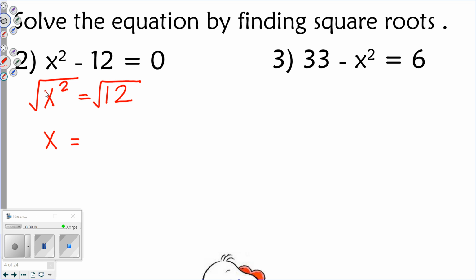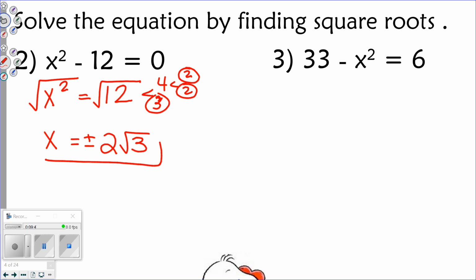Yes, factor tree. That's not perfect, so we'll do our factor trees, which is why I had you practicing these last night so you remember how to do them. Good. It is 2 radical 3, but we know every answer should have a plus and minus in front of it, right? If you take the square root, the plus and minus is attached to it.